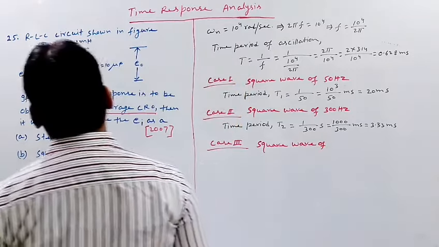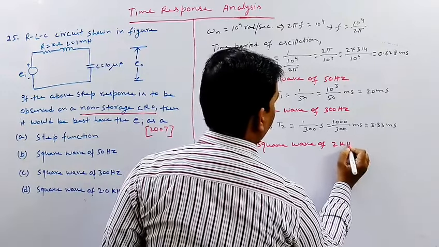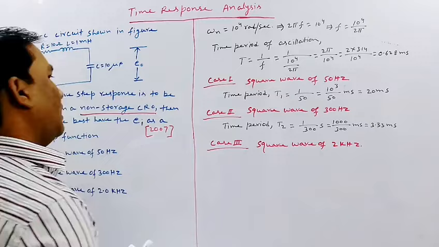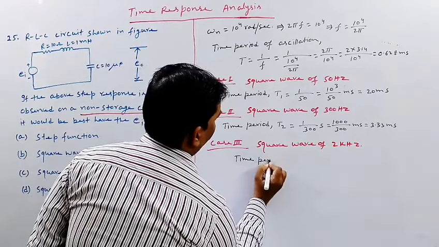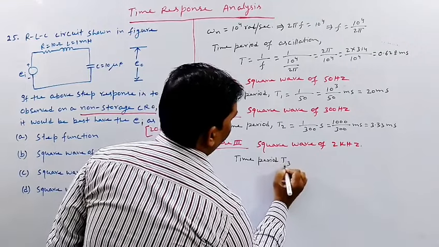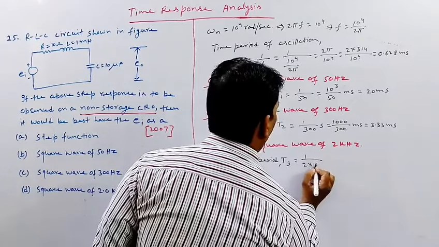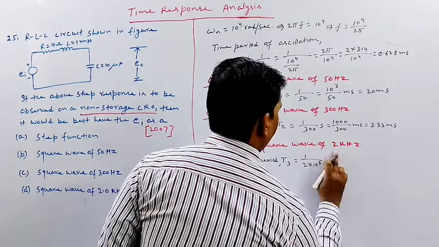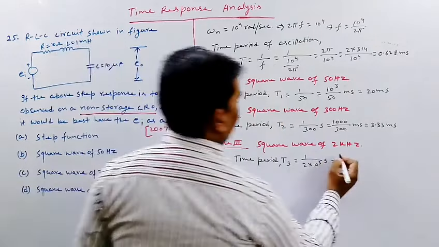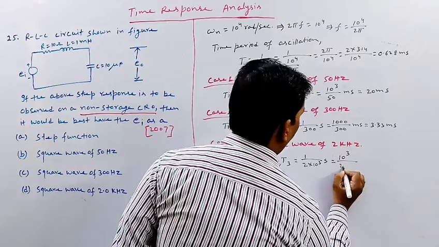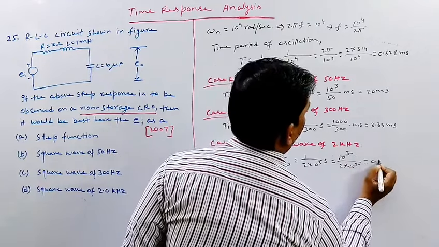So here the time period T3 will be 1 by 2 kilohertz second. If we convert it to millisecond, it will be 10 to the power 3 divided by 2 into 10 to the power 3. That means it will be 0.5 millisecond.